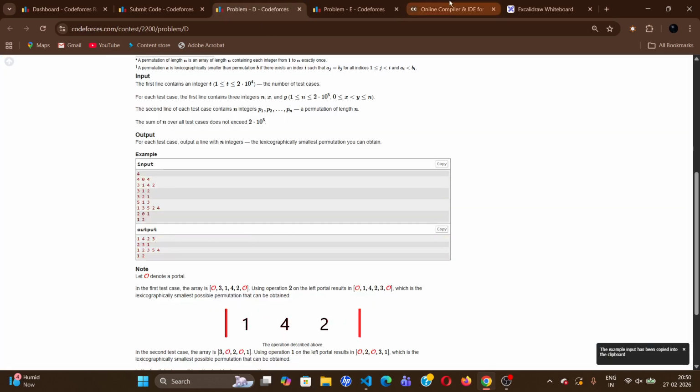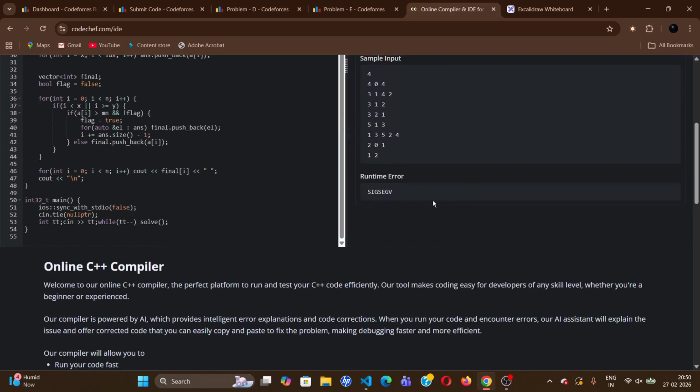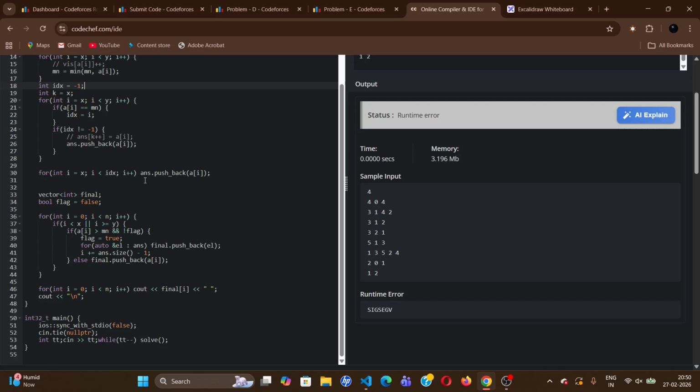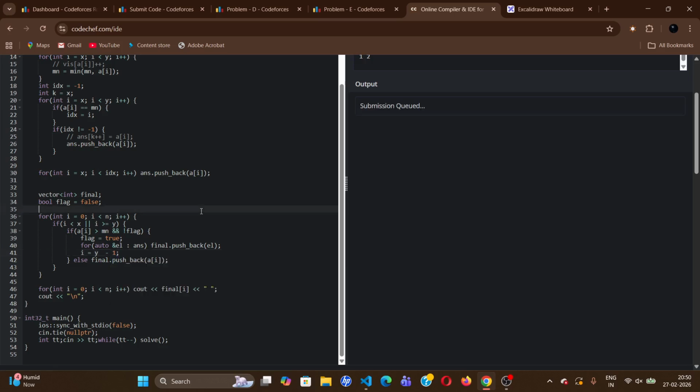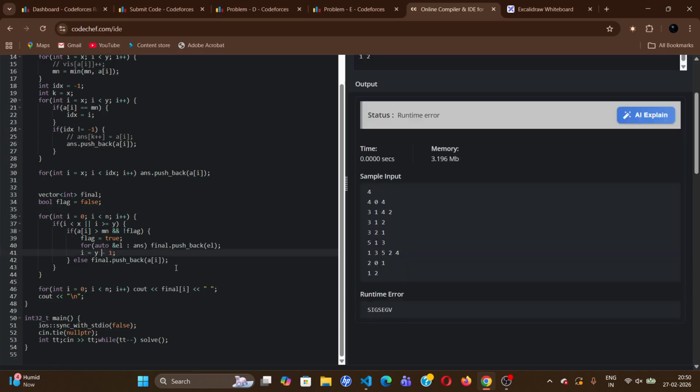One four two three two three one. Okay. I can make equals to y minus 1.